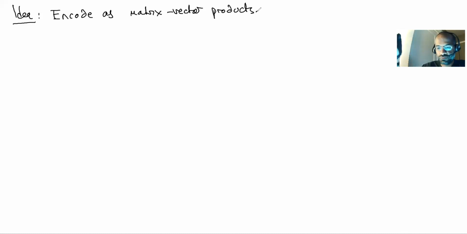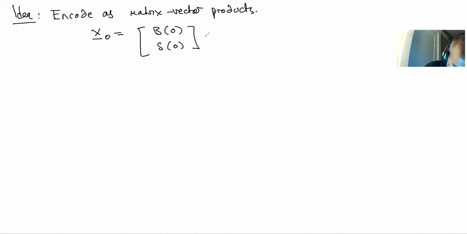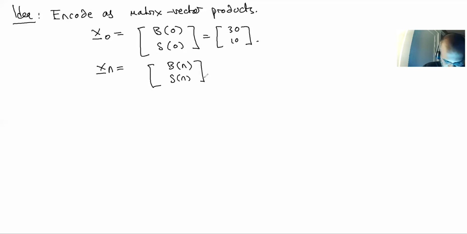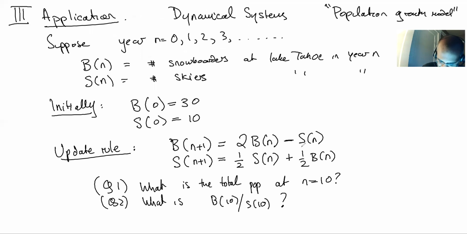So what am I going to do? I'm going to let x naught be the state at time 0. And then x_n is going to be a vector that's whatever the state is at time n. Don't know what that is yet. But then the update rule is given here, and there are some linear equations here. And the point is I can write that in matrix vector notation.